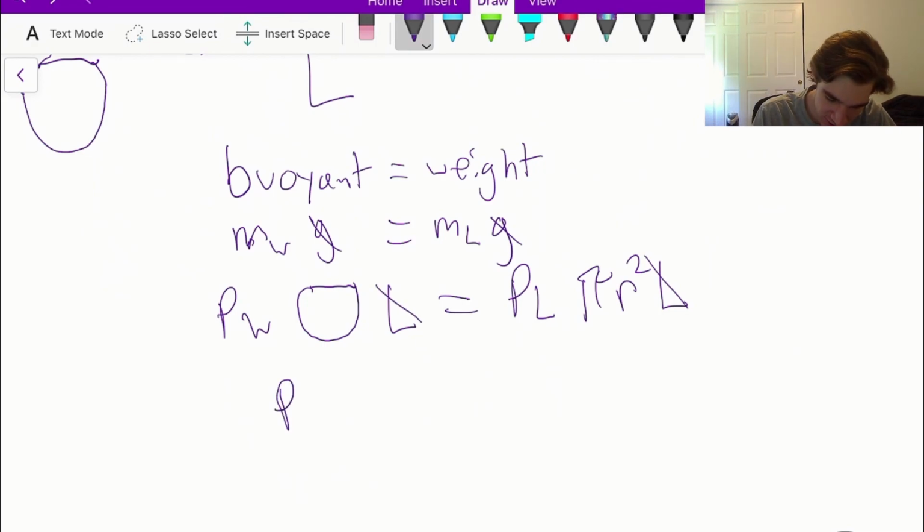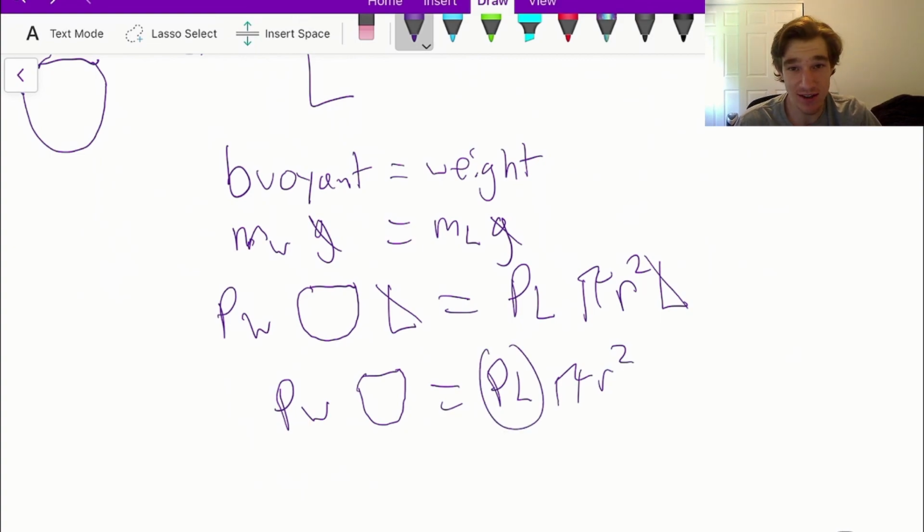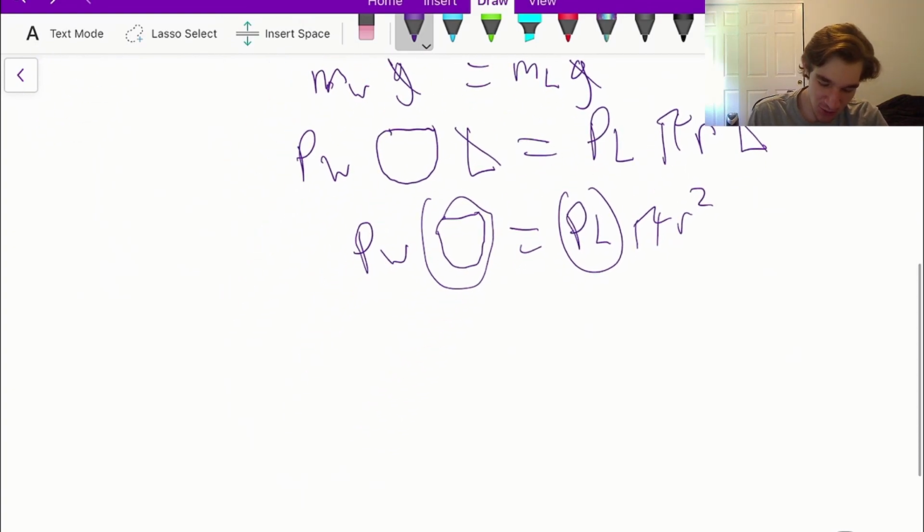We get the density of the water times the surface area of the water that is surrounding the log, is equal to the density of the log times pi r squared. So now we know everything besides this, which is what we're trying to find an equation for, and this weird shape right there. So we got to find out what that weird shape is equal to.